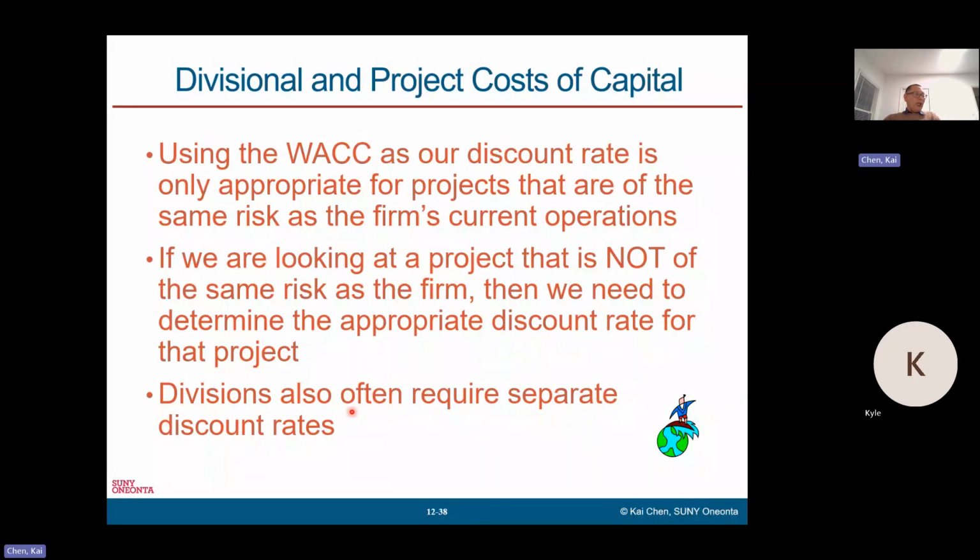Divisions also often require separate discount rates. A firm may have different divisions producing different products or services, or a company has different lines. In this case, the different divisions have different risk, so when we evaluate the value of these divisions, we have to use different discount rates.